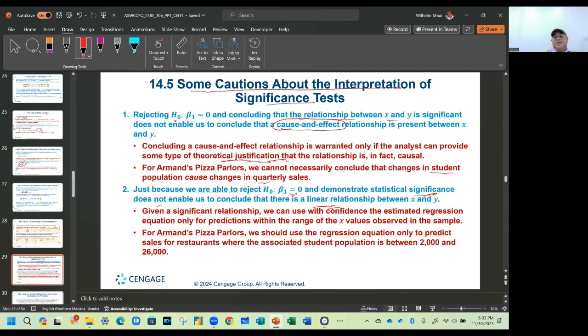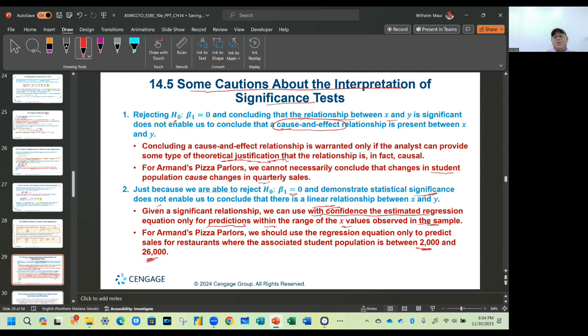And then given a significant relationship, we can use the estimated regression equation with confidence only for predictions within the range of x values observed in the sample. For Armand's Pizza, we would use the regression equation only to predict sales for restaurants where the student population is between the lower and upper limits of the population that were included in the regression.